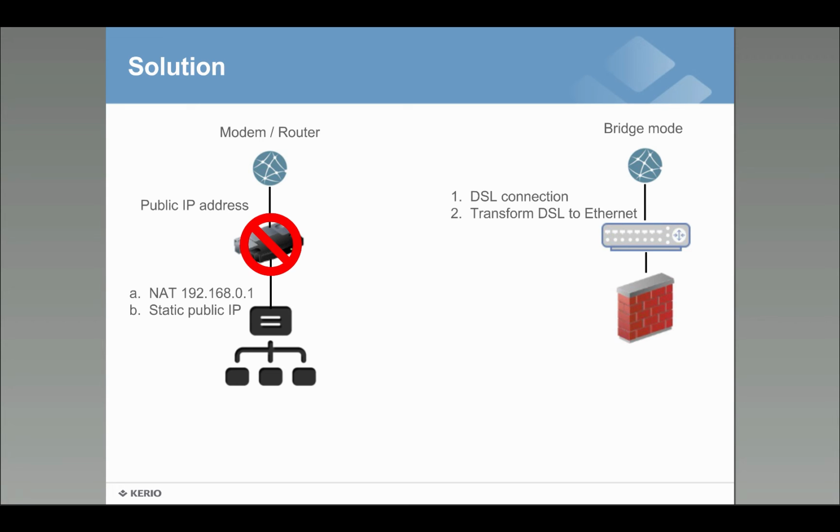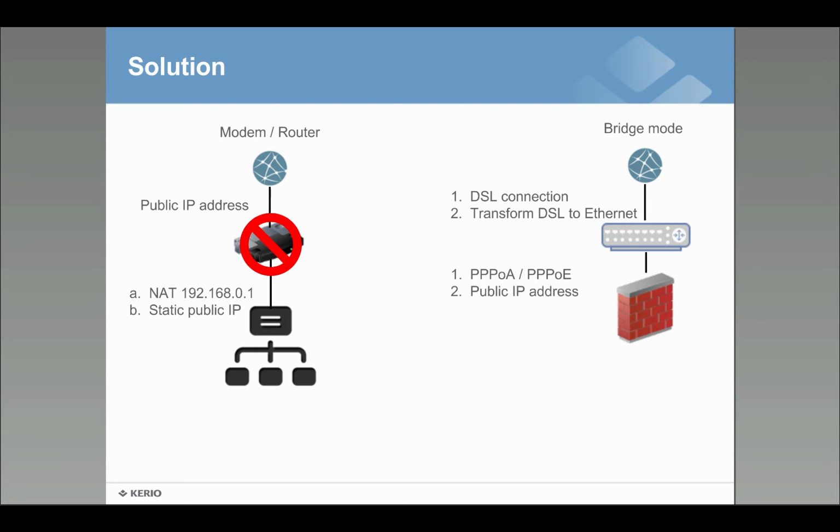So you need one more element in your network which will act as the center part of your network. In this case it's a firewall with DHCP capabilities, routing, firewalling and whatsoever.